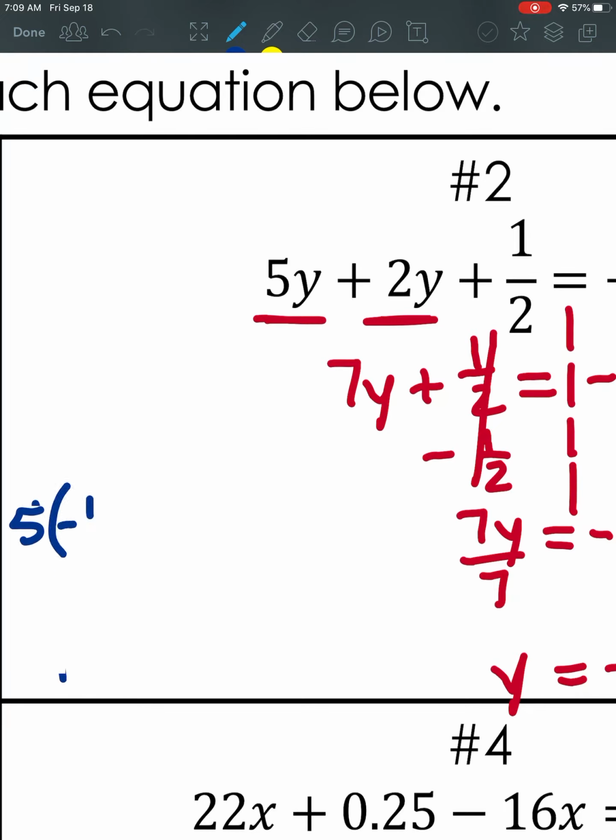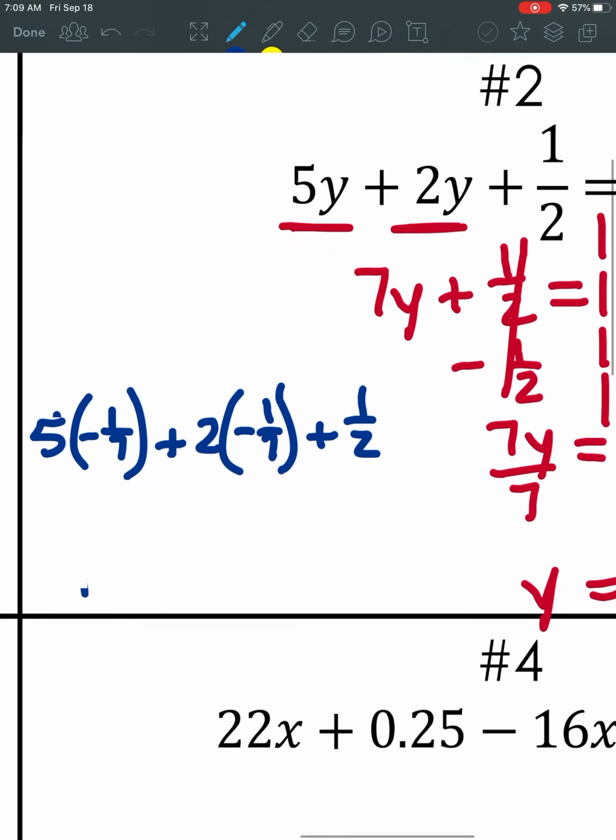We could check our work. So 5 times negative 1/7 plus 2 times negative 1/7, and then plus 1/2. And we want to see if that comes out to negative 1/2. So negative 5/7.